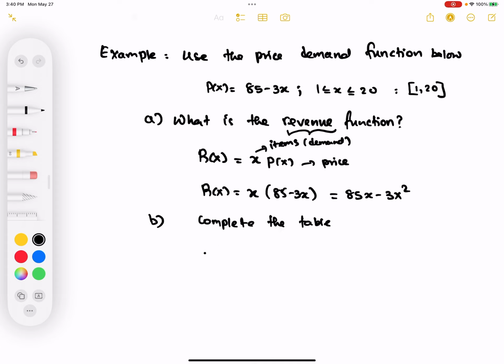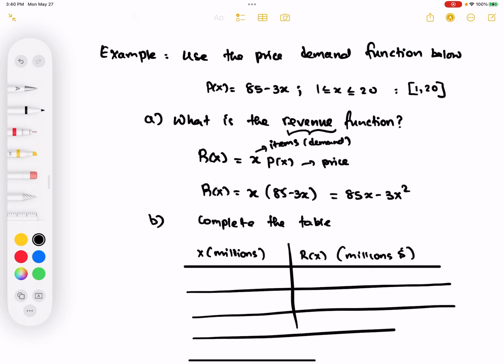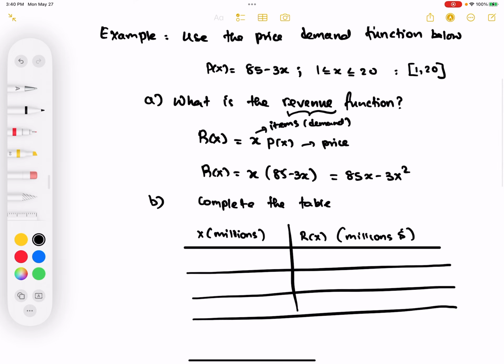Here is the number of items in millions, and what is the revenue R of x in millions of dollars?